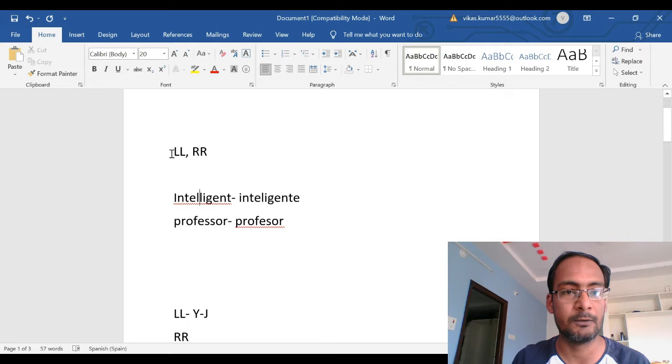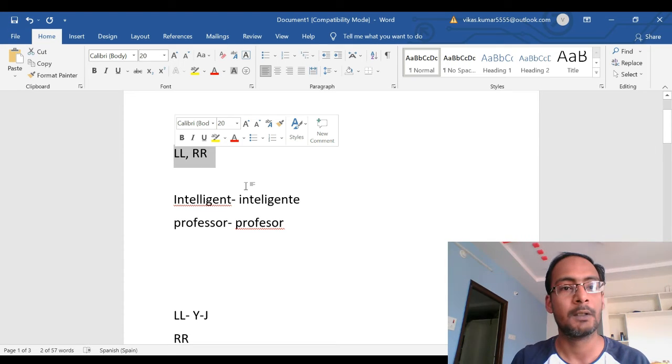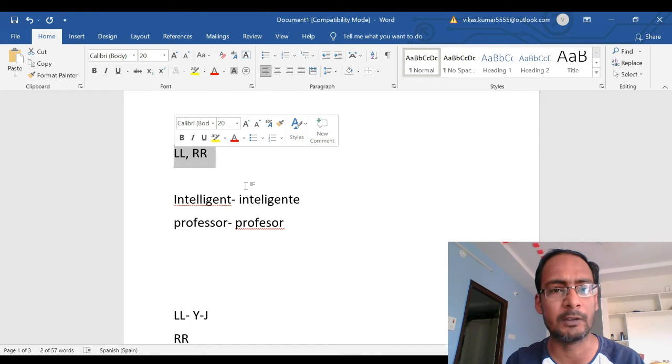In Spanish, we generally don't have that, apart from these two consonants. We only have double L and double R. Other than that, you will not see double S, double M, double T, or any other consonant.